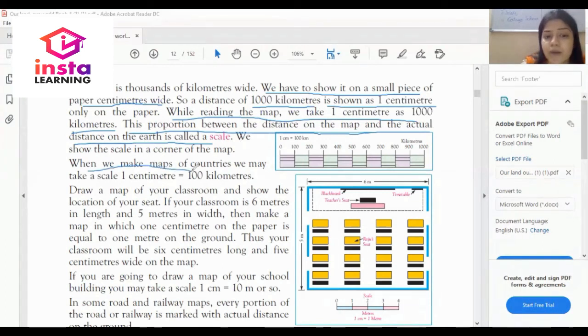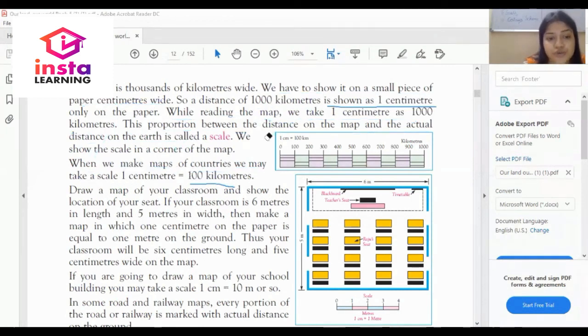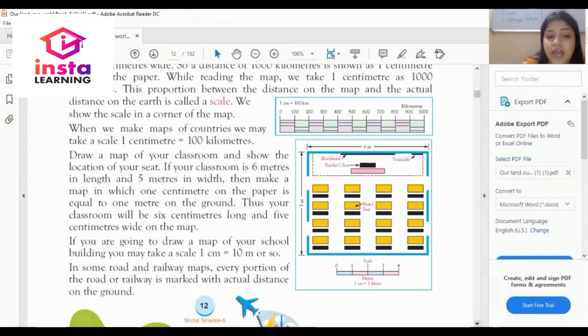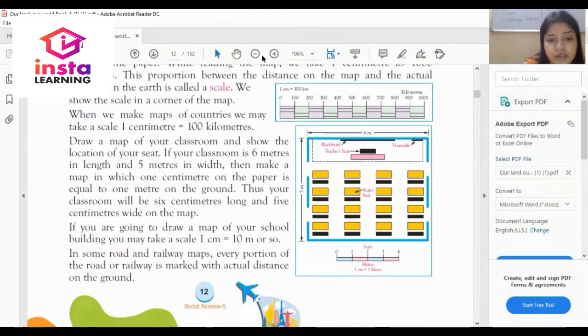When we make a map of a country, we may take a scale of 1 centimeter equals 100 kilometers. So draw a map of your classroom and show the location of your seat. Dear student, if your classroom is 6 meters in length and 5 meters in width, then make a map in which 1 centimeter on the paper is equal to 1 meter on the ground.